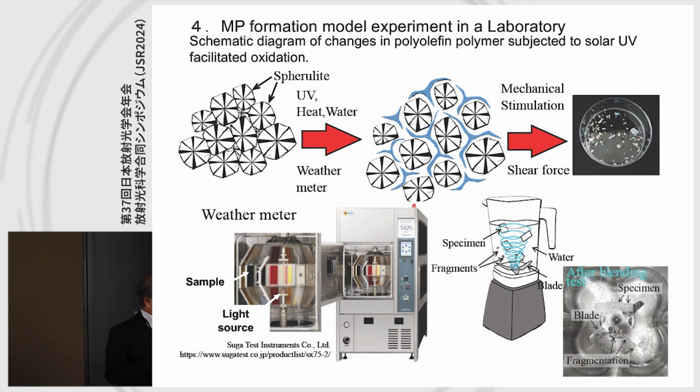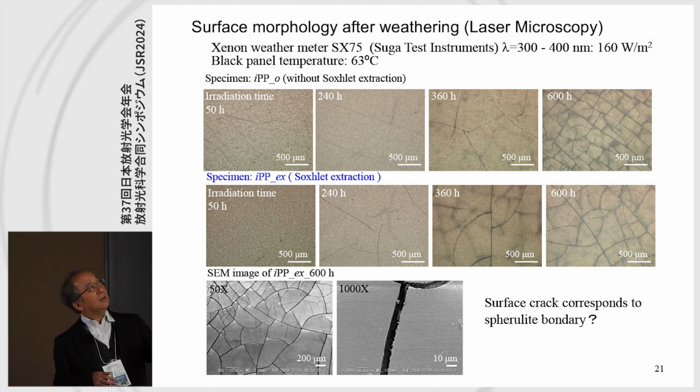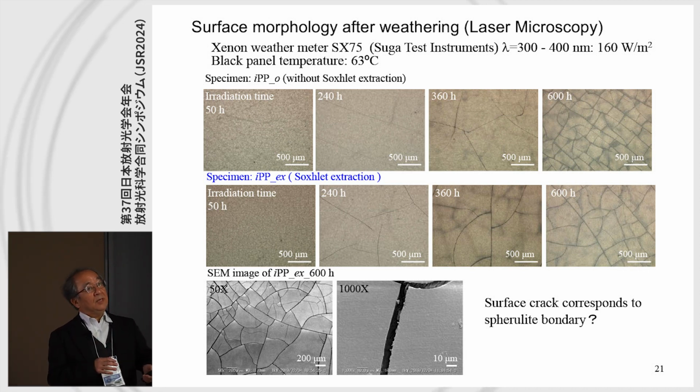So we can get fragments. After shining light, corresponding to a 1 year lab experiment of 600 hours, the surface is highly degraded, and we can observe this kind of crack.